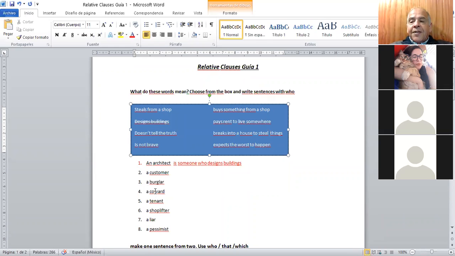Yeah, all right. A robber, that is a burglar, a robber. Usually a burglar robs things, okay? So you pick up one from here and one from there. For example, an architect, and you have it in there, designs buildings. So an architect is someone who designs buildings.